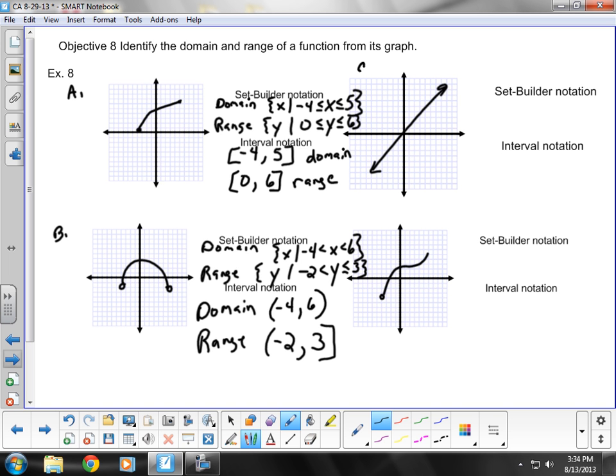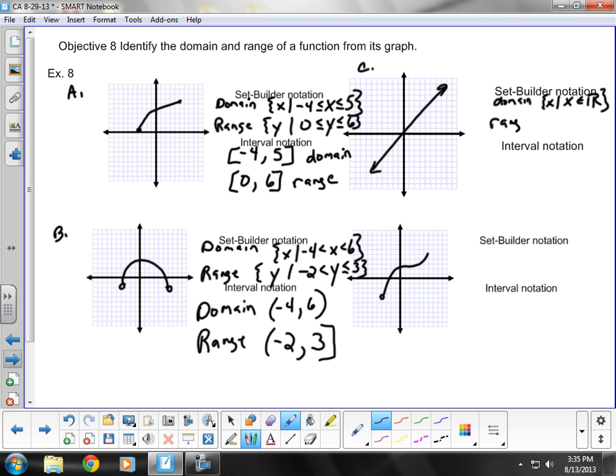Example C here is a line with arrows at the end of it. That means what? Does anybody remember? That means that we can go on forever and ever. It doesn't have an end point. So here, for the set builder, the domain is all real x's. So it's the set of x's such that x is an element of the real numbers.